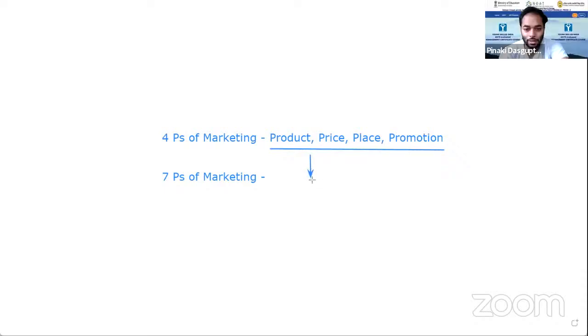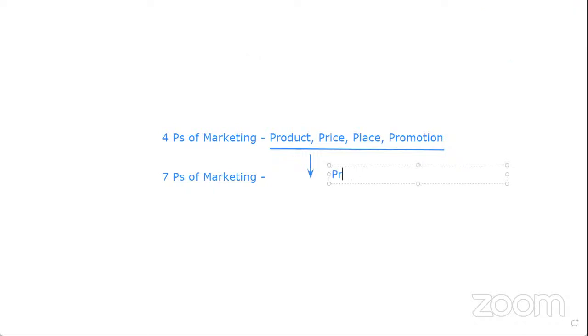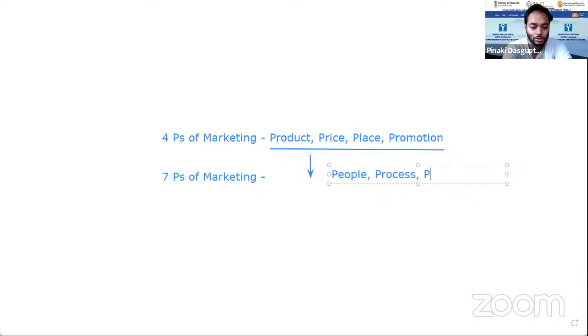And if we ask you the 7 P's of marketing, then we'll also add people, process, and physical evidence as the extra part.